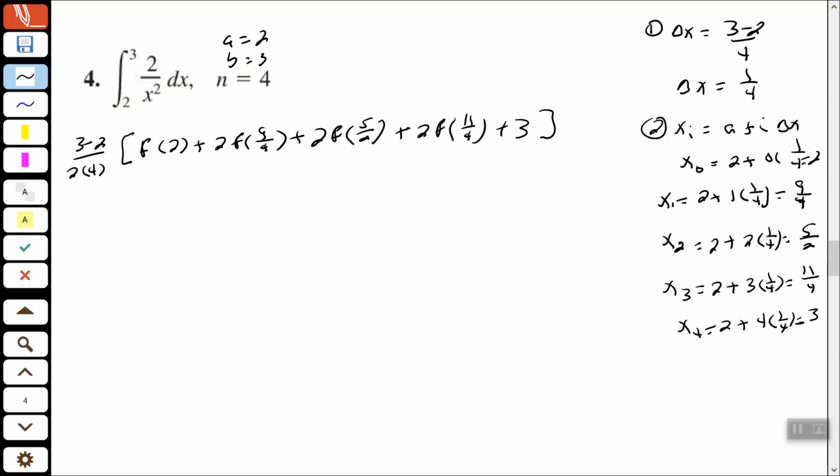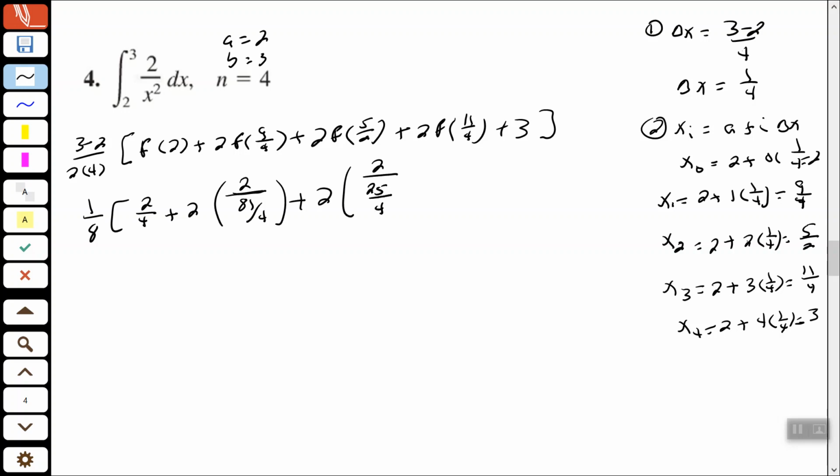Now in this case the function is 2 over x squared, so now we're going to plug into that function. So we have 1/8, 1 over 8. So 2 over 2 squared gives us 2 over 4. 2 over 9/4 squared gives us 2 over 81 over 16. And then 2 over 5/2 squared gives us 2 over 25/4.